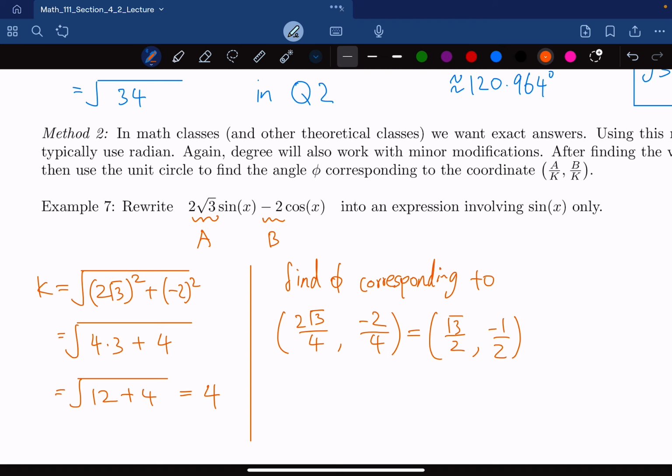And for this method, it's always going to come back to the unit circle, so it's always going to play out this way. And from here, all we have to do is find out the corresponding phi, which in this case, because this coordinate here is in quadrant 4, is going to be 11 pi over 6.